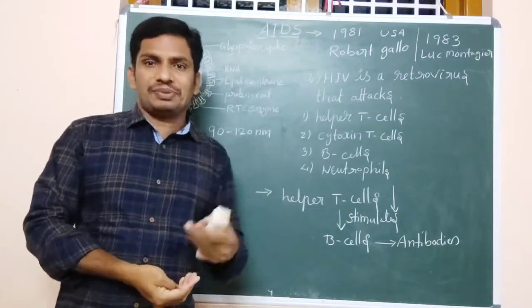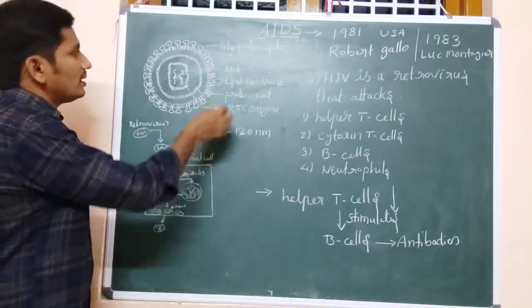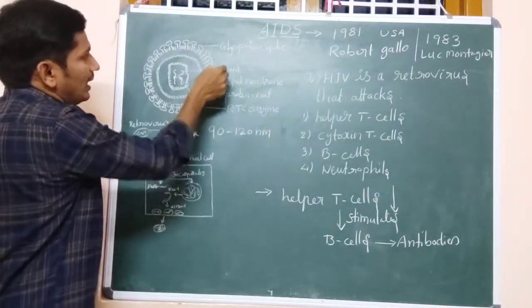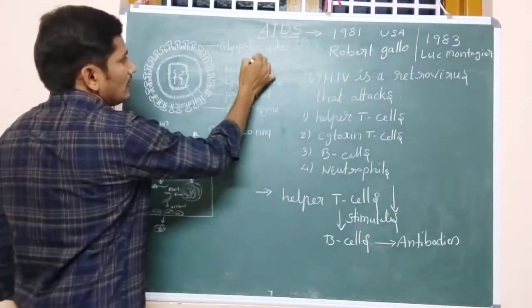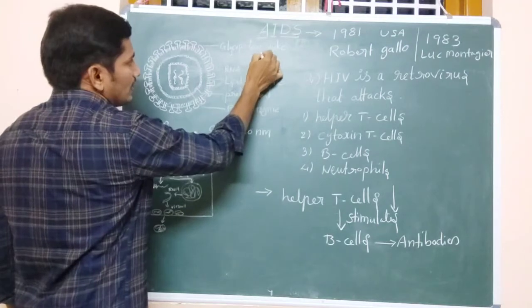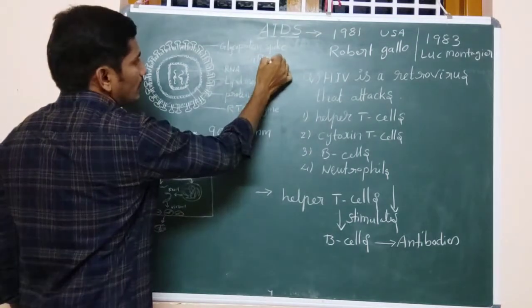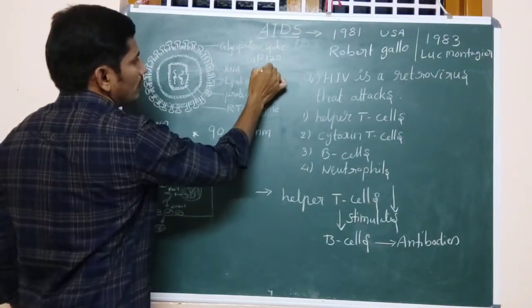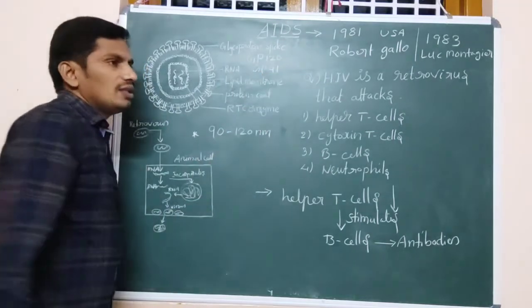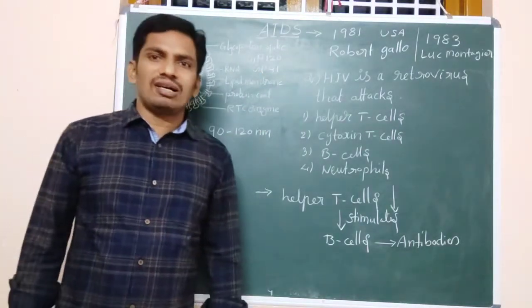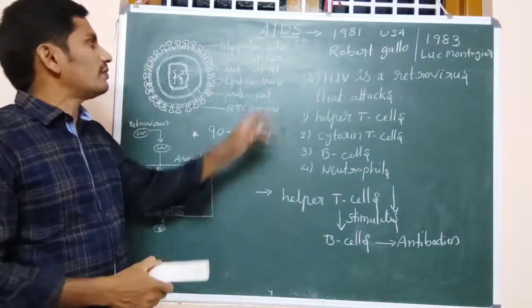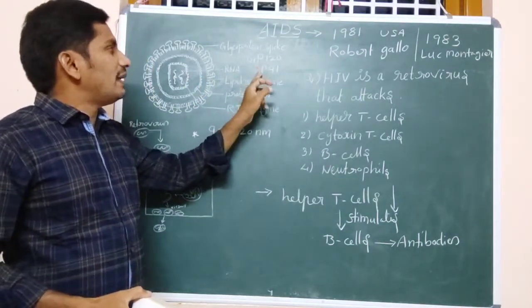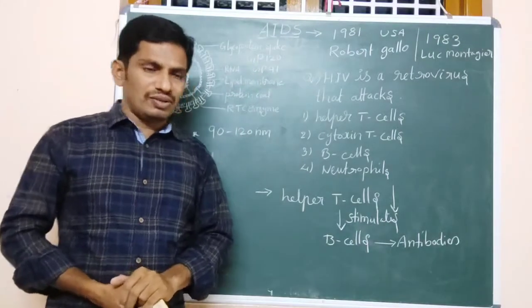That's the reverse transcription process. Here there are glycoprotein spikes of two types, glycoprotein 120 and glycoprotein 41. You know, CD4 cells are there in our body. The CD4 binds with the spike GP41.